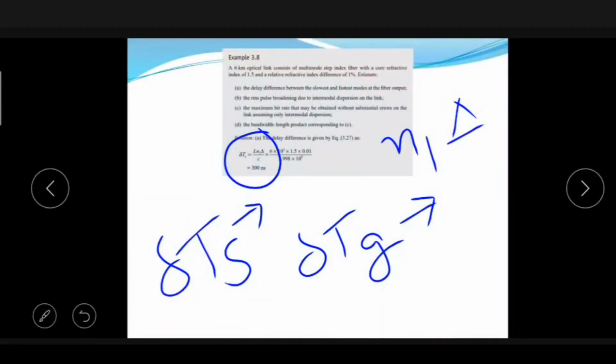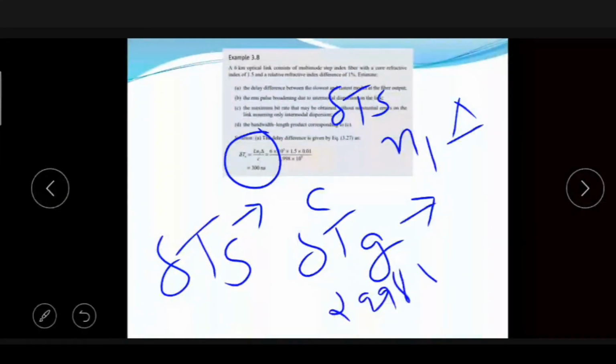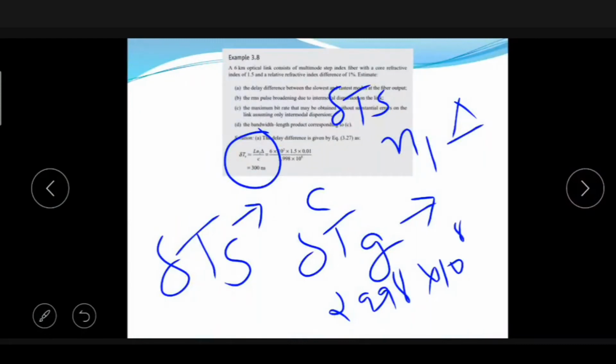If delta Ts is given, C is known, which is normally 3 into 10 power 8 meters per second, or it might be given as 2.998 into 10 power 8 meters per second. If this is the case, you can solve it based on the concept.